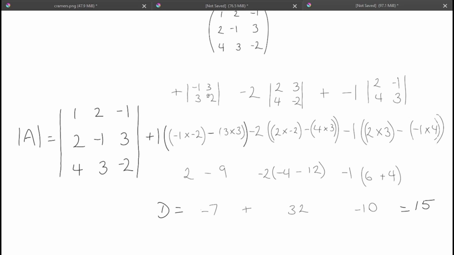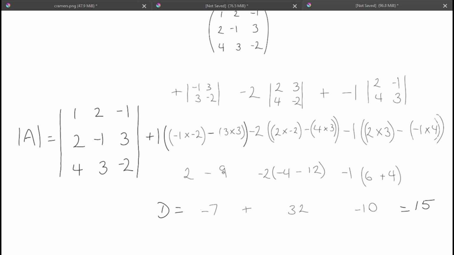So let's write this over. We put plus 1 on the outside, we open brackets, and we say negative 1 multiplied by negative 2 minus 3 multiplied by 3. That'll give us 2, because negative 1 by negative 2 is 2, and 3 by 3 is 9.